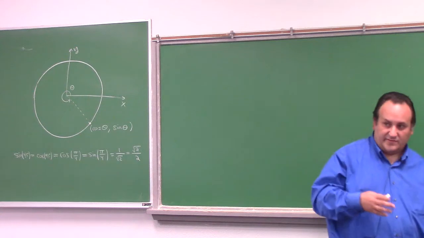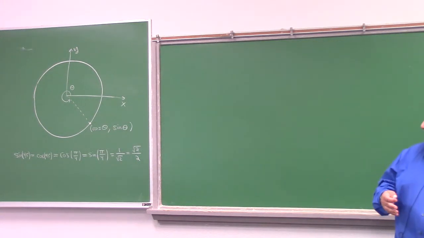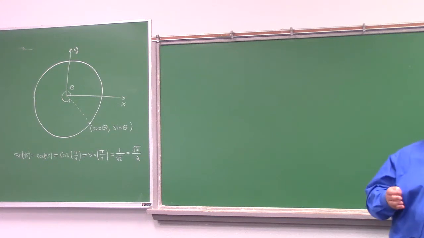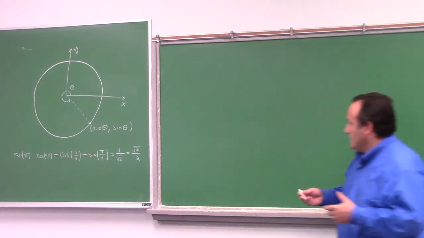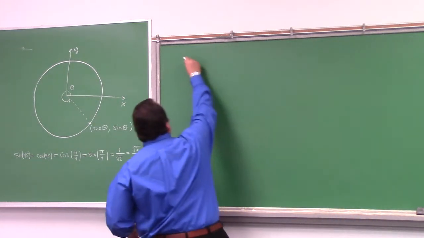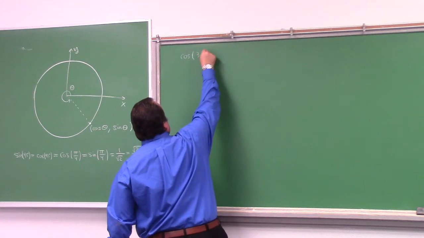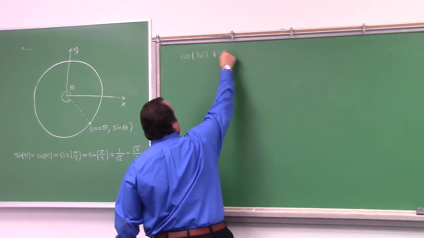We mentioned those last time. But the other special angles are 30 and 60 degrees, or pi over 6 and pi over 3. So I think it's a good exercise for us to work out cosine of 30 degrees and sine of 30 degrees.